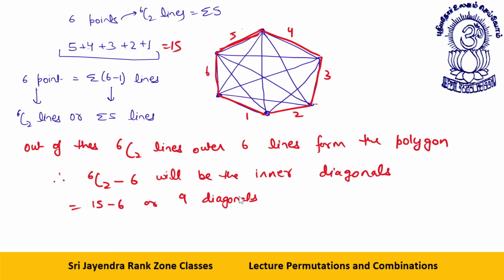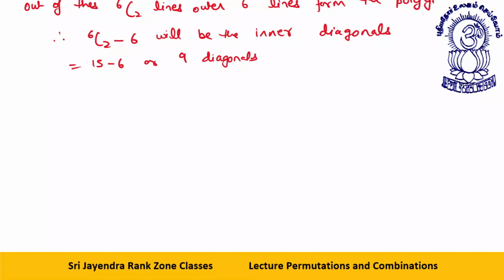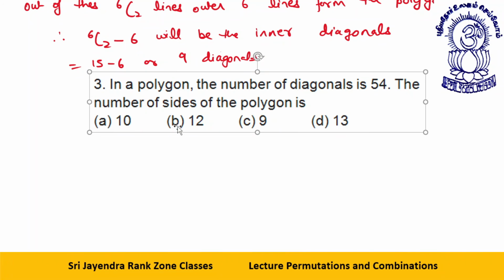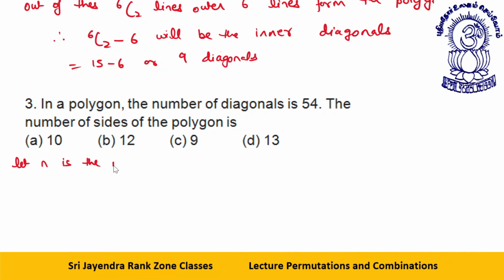I'll take one previous year question from this. Just give me a small second. In a polygon, the number of diagonals is 54. See the number of sides of the polygon. Let n be the number of sides, or the number of points.